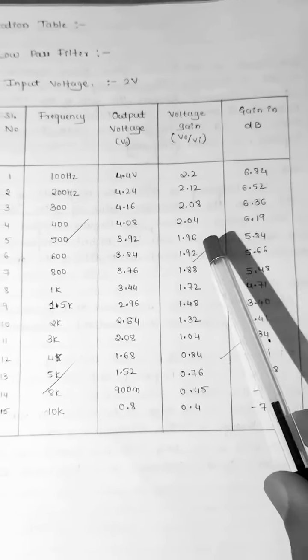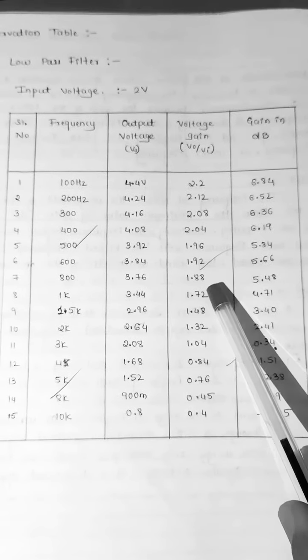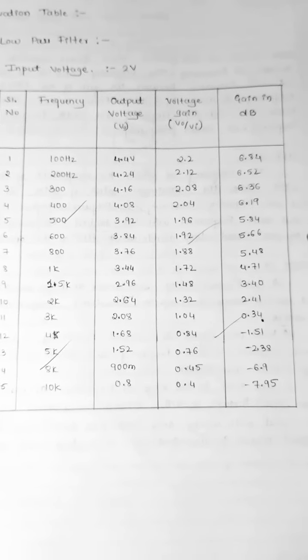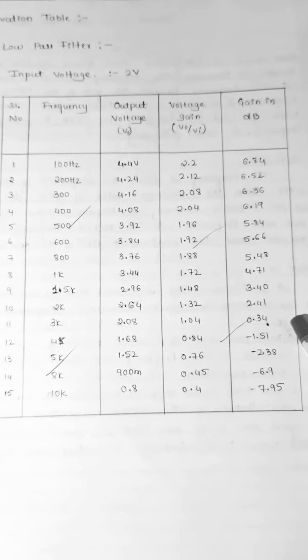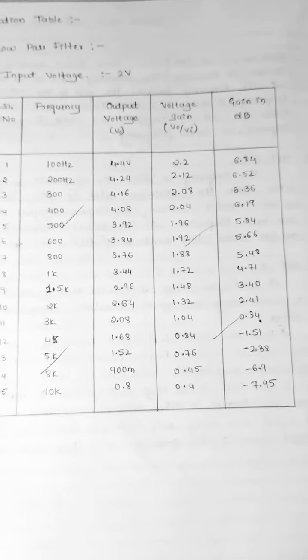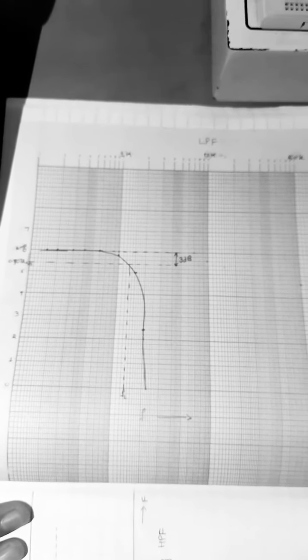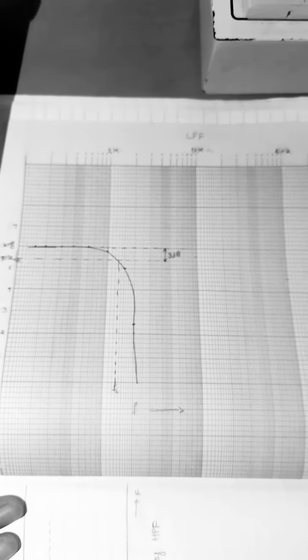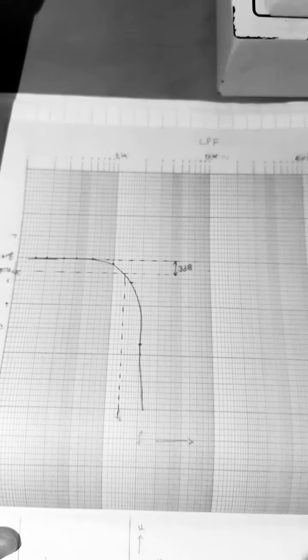We have calculated the output divided by input, that is the gain of the circuit, and that is converted into decibels. Now using these values, I'll be drawing the frequency response of the filter. This will be your typical low pass filter frequency response. I hope you have used the semilog paper.